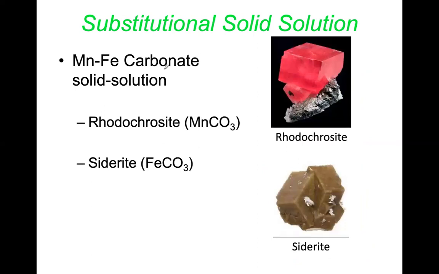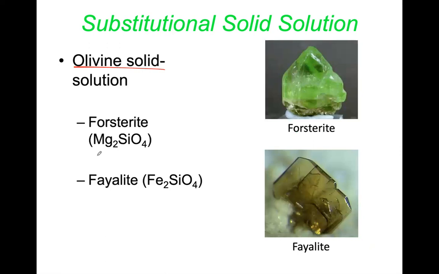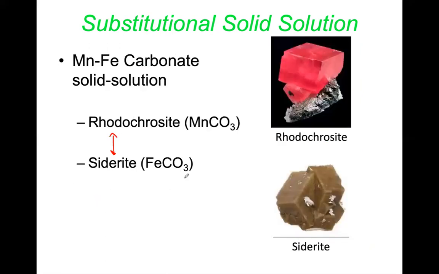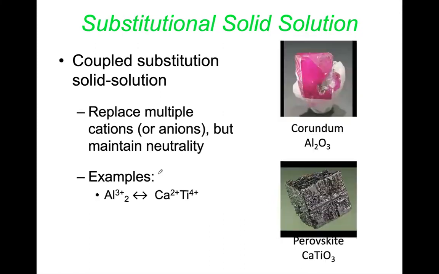Again you can see iron-manganese substitution, where you can see rhodochrosite and siderite formation as end members. Okay, so in the previous case, sorry, forsterite and fayalite are the end members. So here manganese and iron. And we discussed that sometimes you have to have a couple substitution.